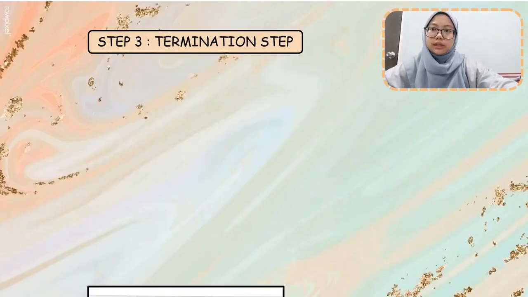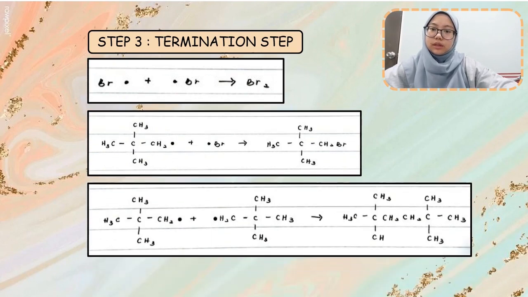Lastly, the termination step. The first reaction involves bromine free radicals, which will form a bromine molecule back. And the second reaction, which involves the free radical of quaternary and one bromine free radical, will form this compound, which has bromine attached to CH2.